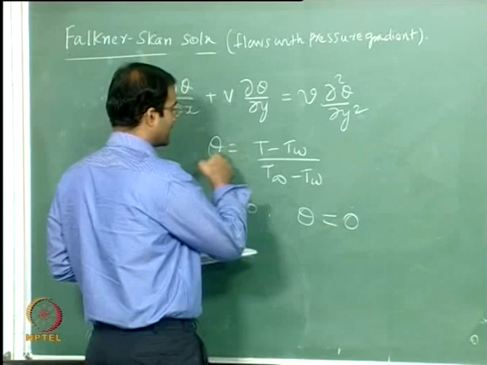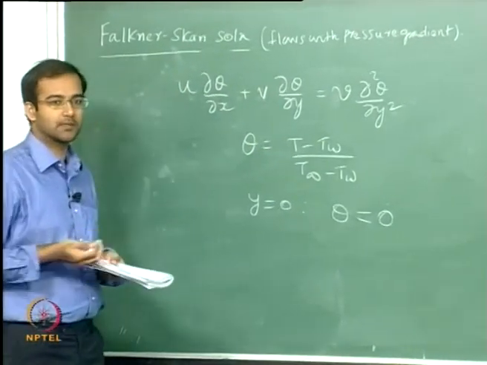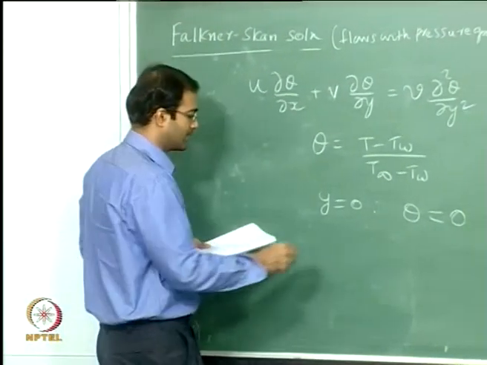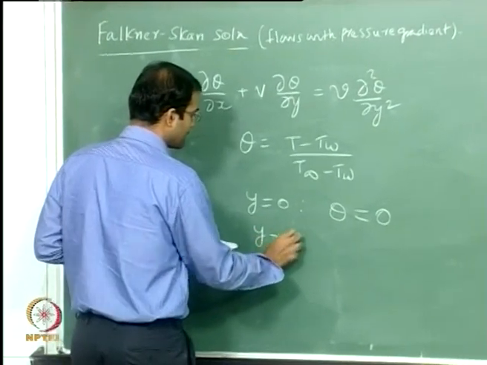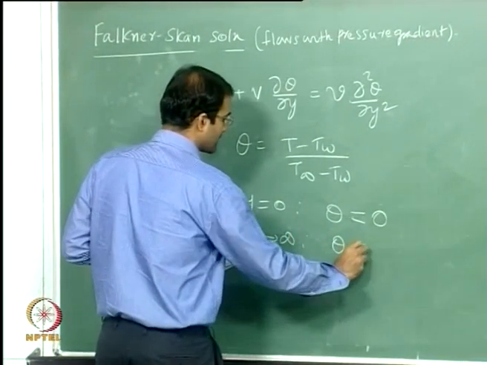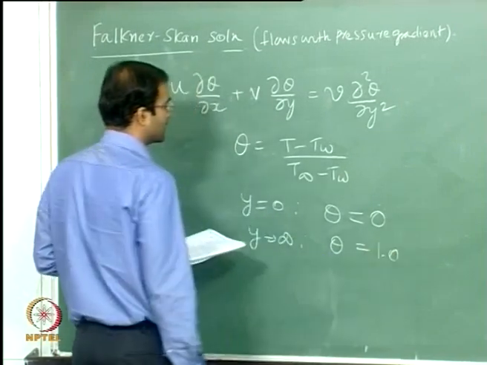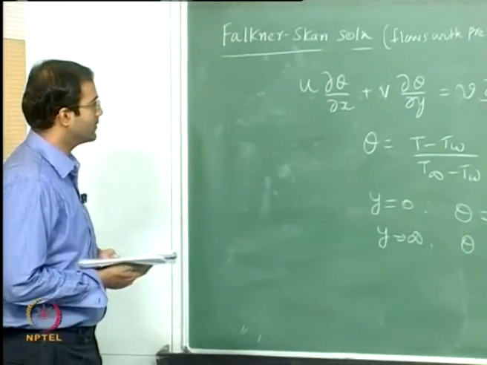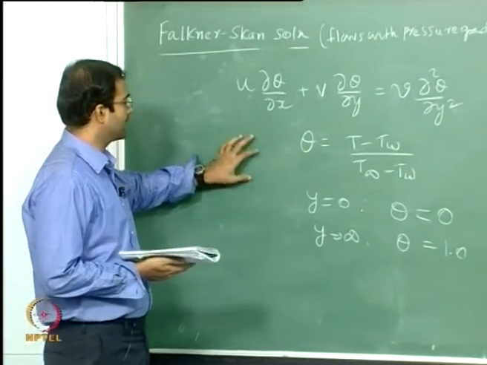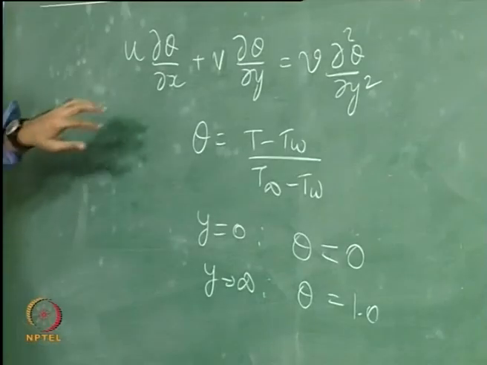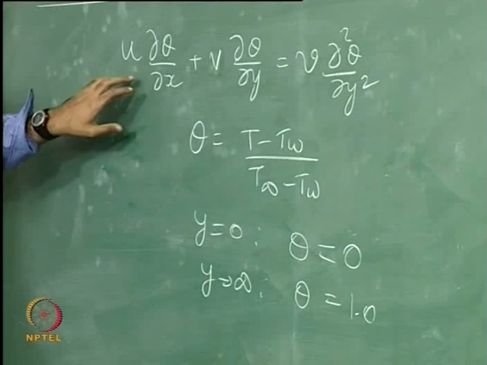If I had defined my theta this way, it has to be similar to the velocity profile, right? So at y going to infinity, theta should be 1.